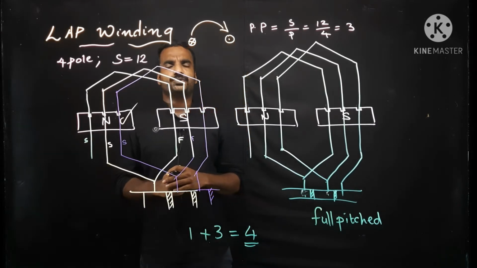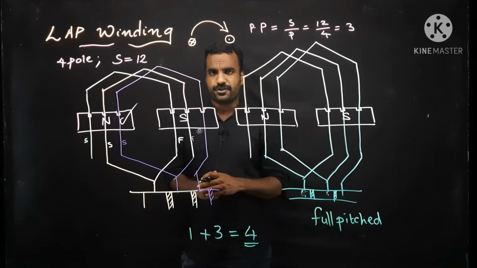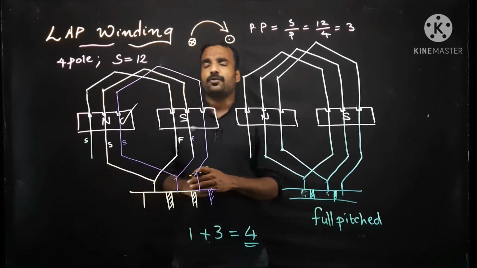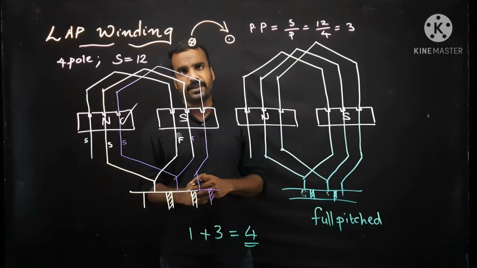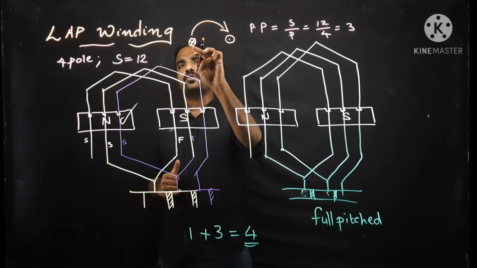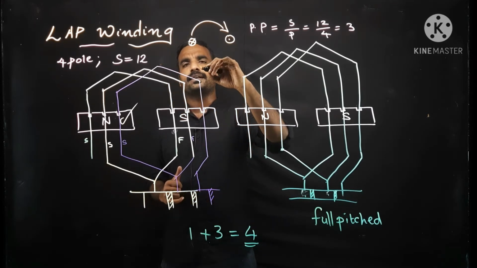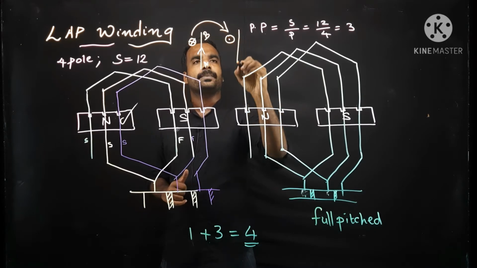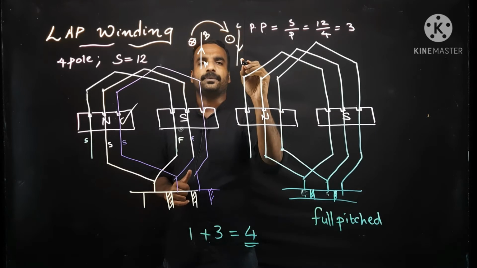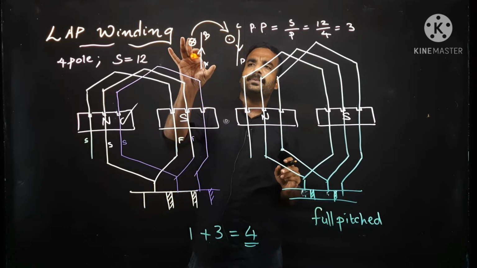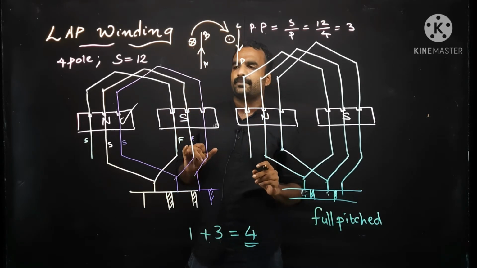If you have any doubts, you can check the second video lecture, that is working of DC generator using Fleming's right hand rule. So, cross means we got that the current was traveling from A to B, and dot means it was traveling from C to D.